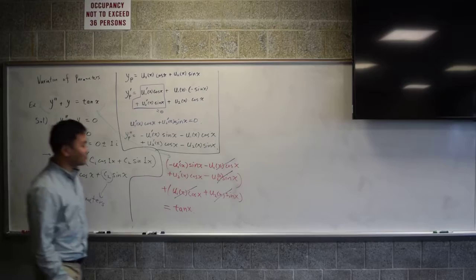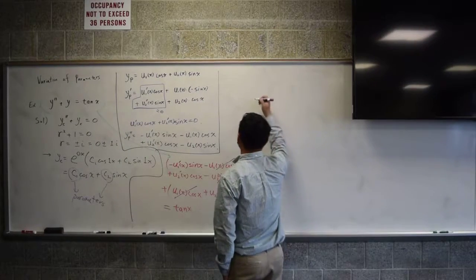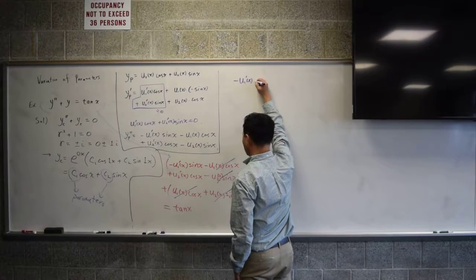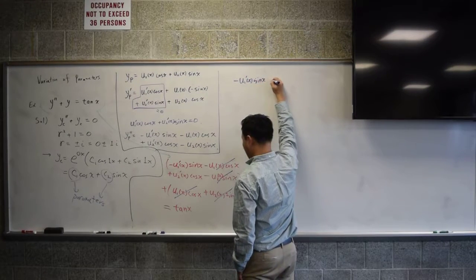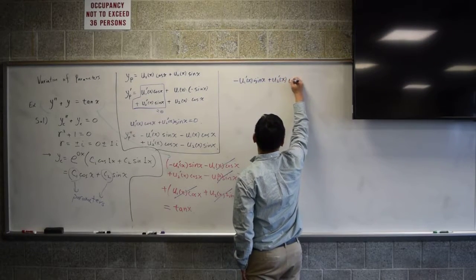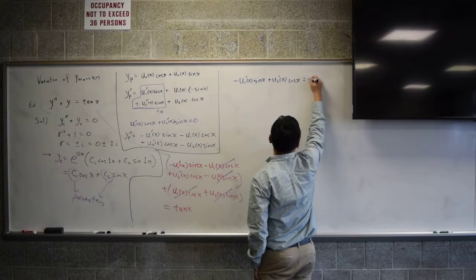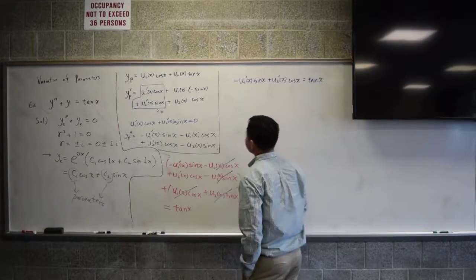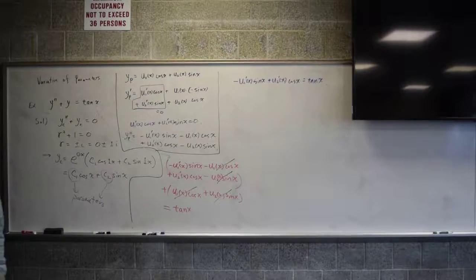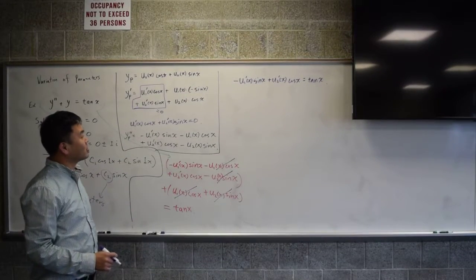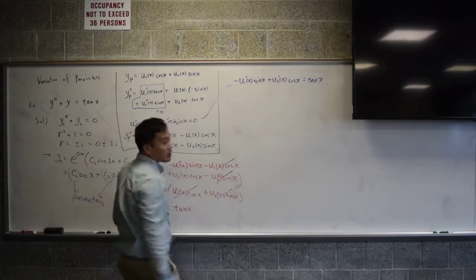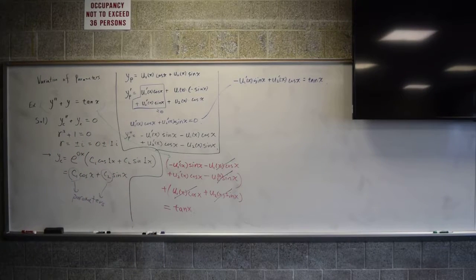So you end up with the simplified equation, which is negative u1 prime of x sine of x plus u2 prime of x cosine of x equals tangent of x. That's what we get, and this is the second equation. Putting these two together, now we can figure out what u1 prime and u2 prime are.